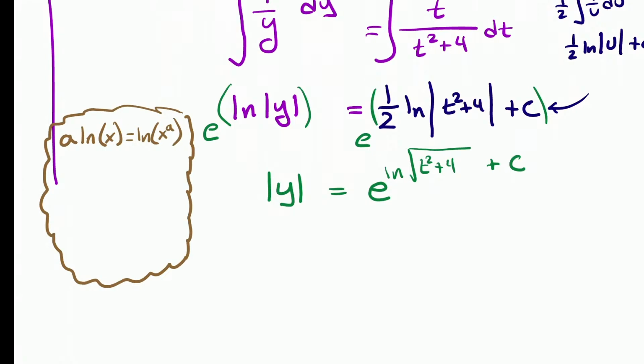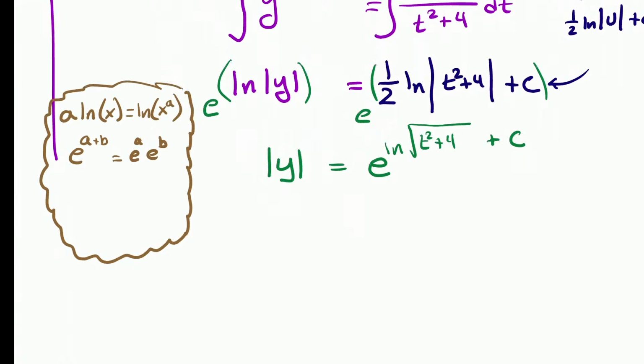Now the next little trick I'm going to use is this. If you have e to the a plus b, it's the same as e to the a times e to the b. So this is a rule of exponents, and you can kind of see where I'm going to use that. Specifically, it's going to be right here: e to the ln of the square root of t squared plus 4 times e to the c.